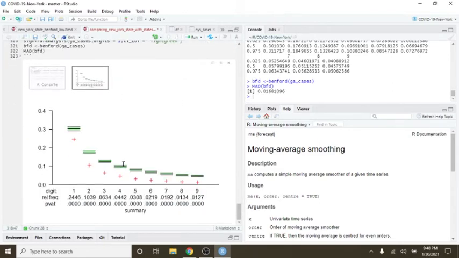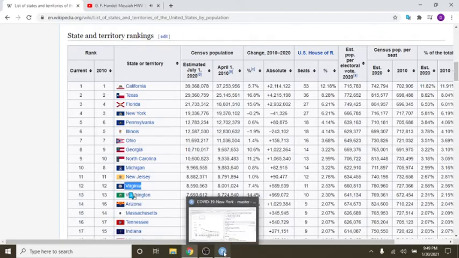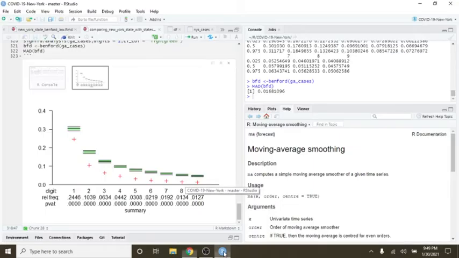Now, this is interesting. New Jersey's still 24.4%.